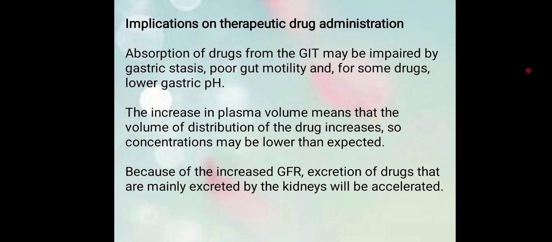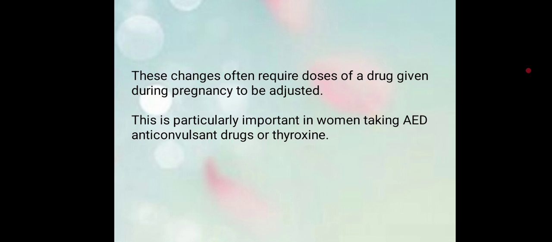Second, increase in plasma volume will decrease drug concentration. Also, increase in glomerular filtration rate will increase drug excretion, which is mainly by kidneys. In summary, drug absorption and concentration will be decreased with acceleration in renal excretion. These changes require doses to be adjusted in pregnancy.